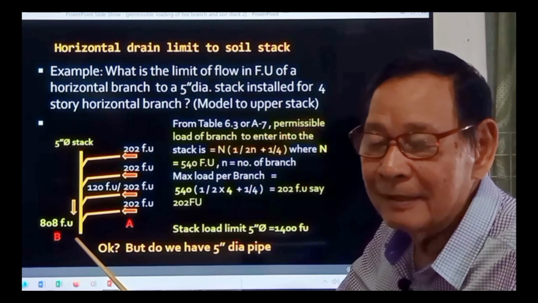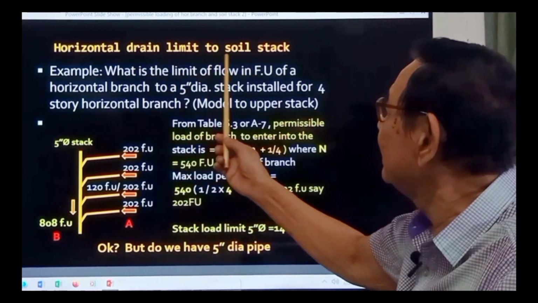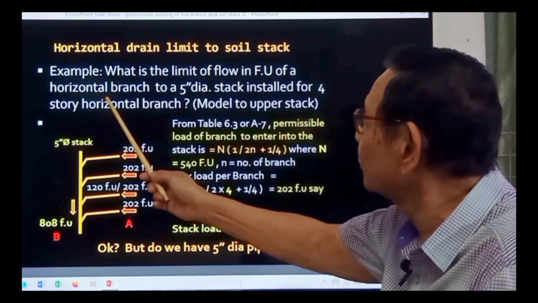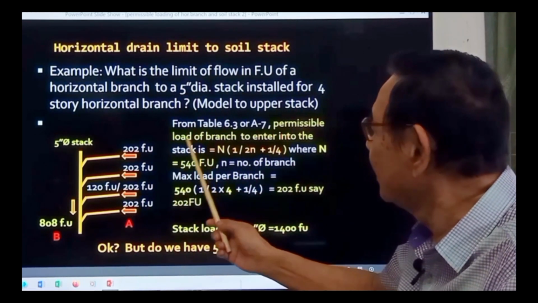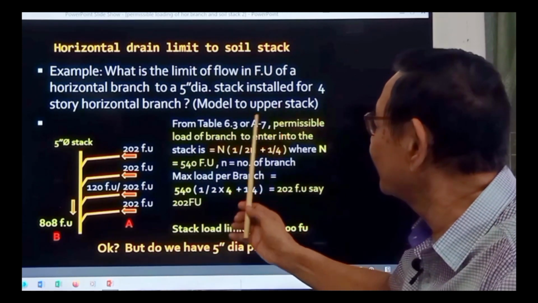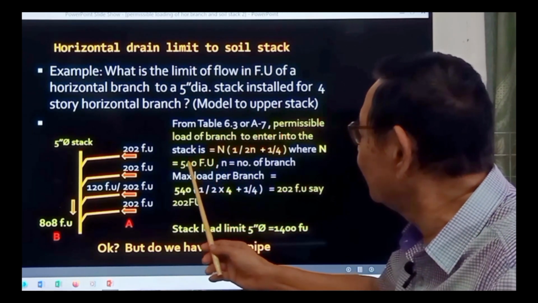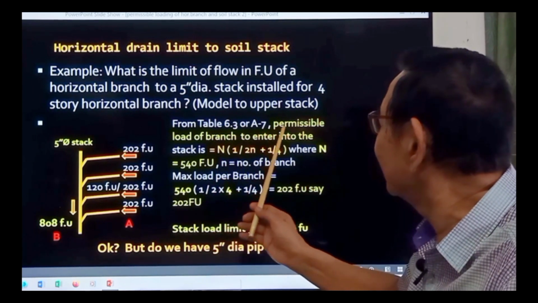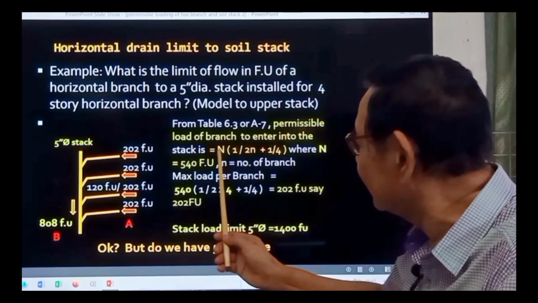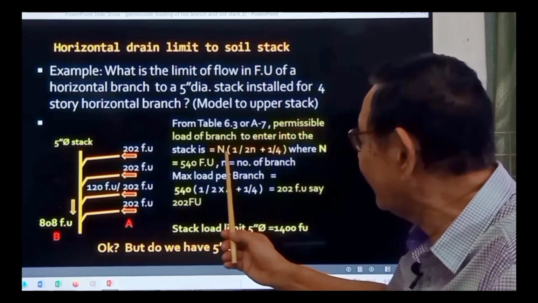Okay. Horizontal drain limit to sewer stack. What is the limit flow of the fixture units of the horizontal branch? 5 inches. Okay. Gagawin natin model ito. The fixture units for branch permissible load for branch to enter into the stack is, and the same formula.